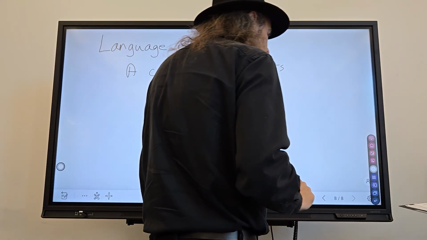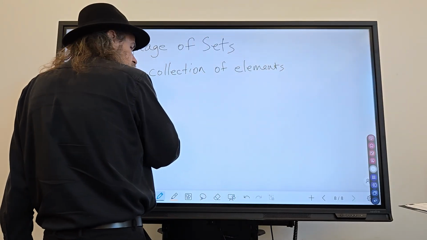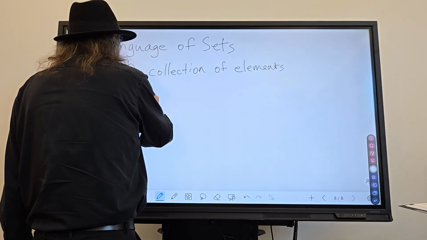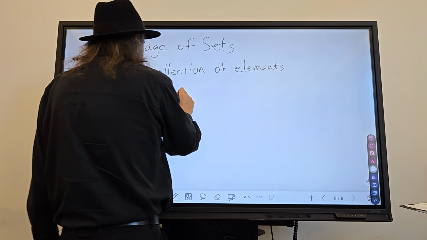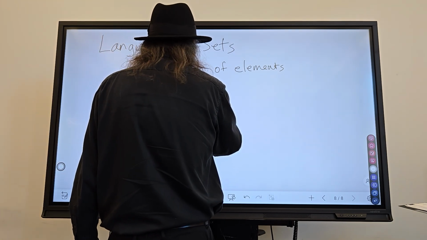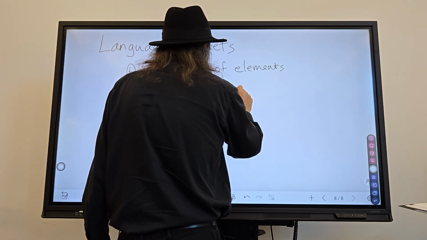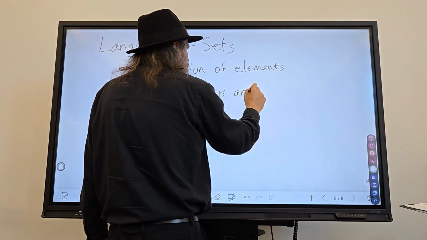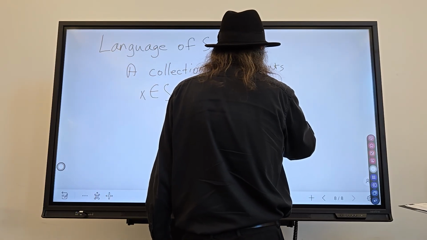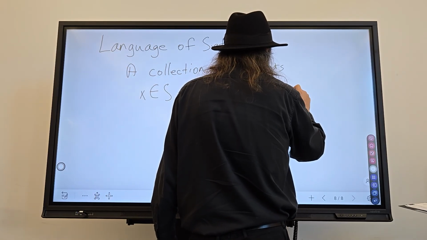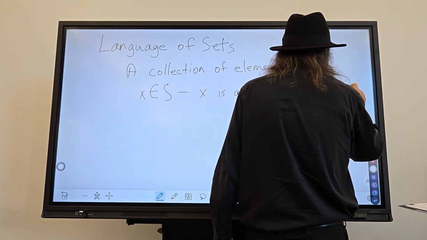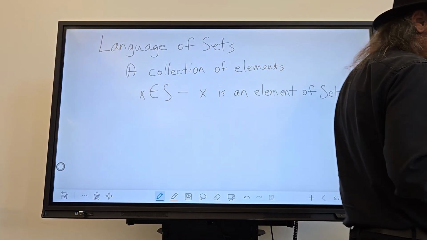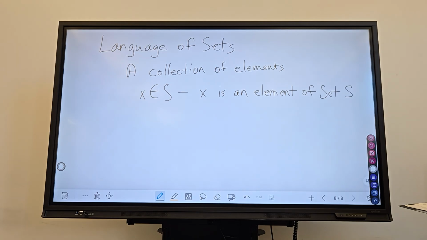All right. I have some symbols here. If x is this symbol of S, then x is an element of set S. Kind of a stylized E for element.